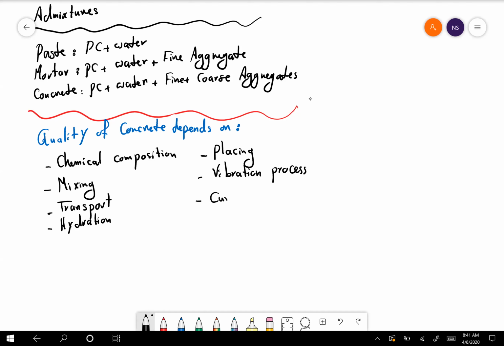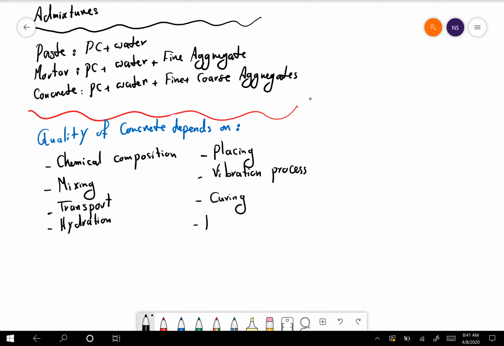You need to cure the concrete after placing to make sure that the hydration process is complete and you're reaching the maximum strength that you designed for.